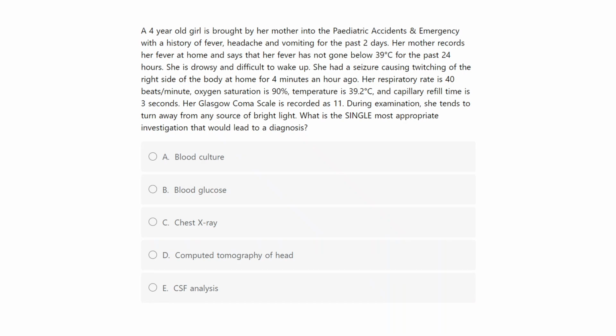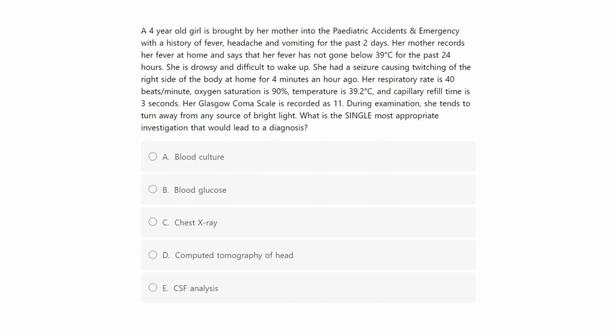A 4-year-old, brought by the mother into the hospital with fever, headache. Mother records fever nothing less than 39, drowsy, respiratory rate 40, oxygen saturation 90, Glasgow 11. During examination, the patient tends to turn away from bright light.